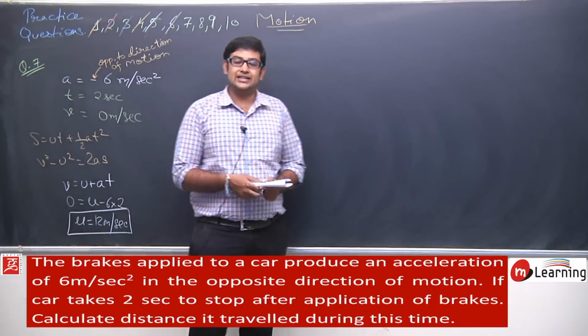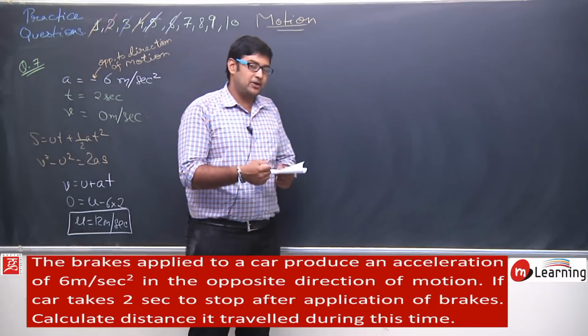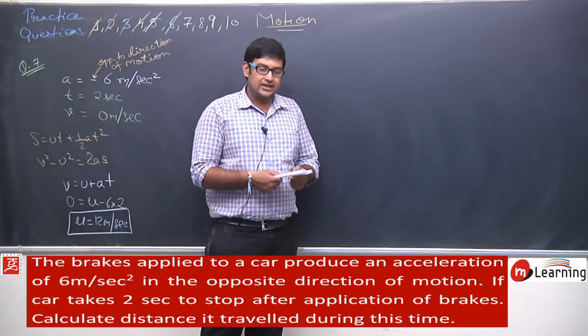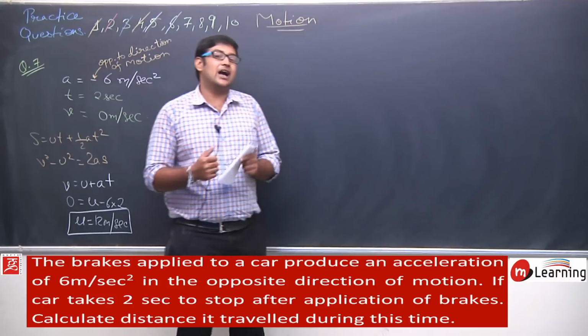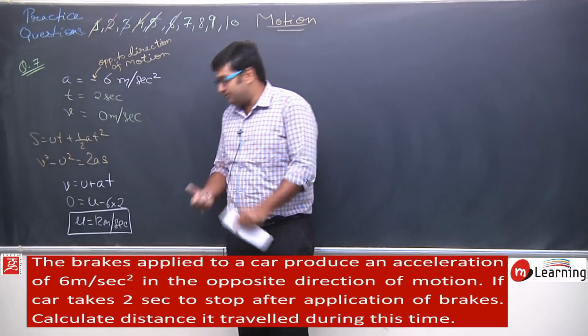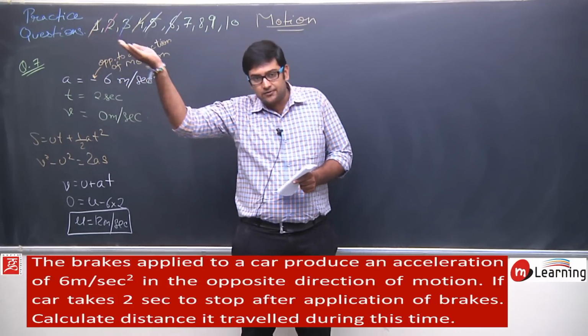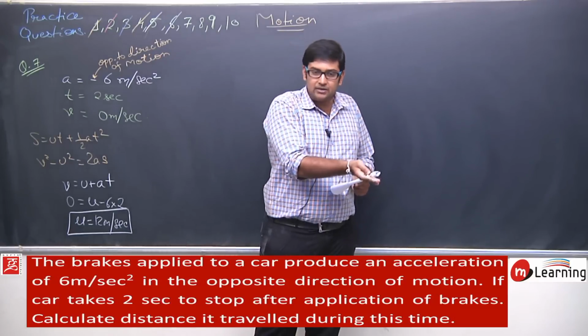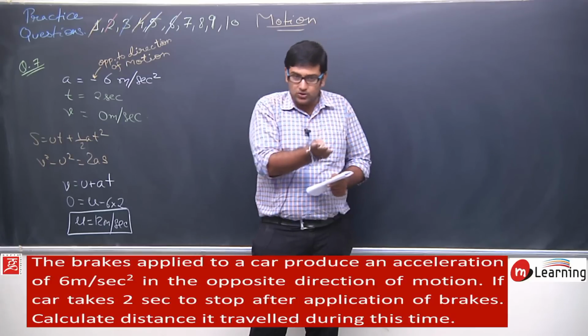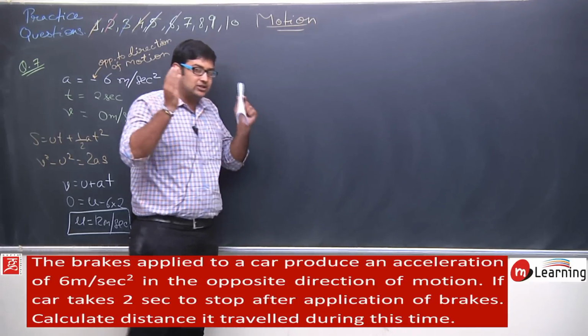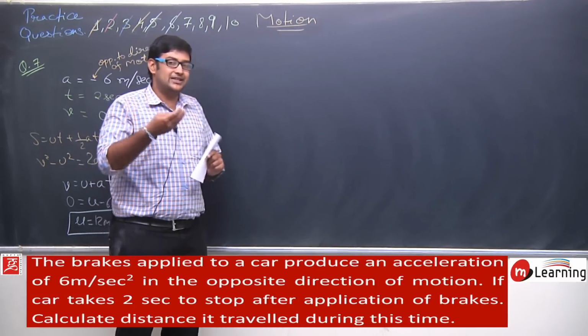So initially the speed of the car was 12 meters per second. At the time of application of brake, the car was already traveling with a speed of 12 meters per second. Now its speed decreases from 12 meters per second and comes to 0 after 2 seconds. So this is how the speed gradually decreases.